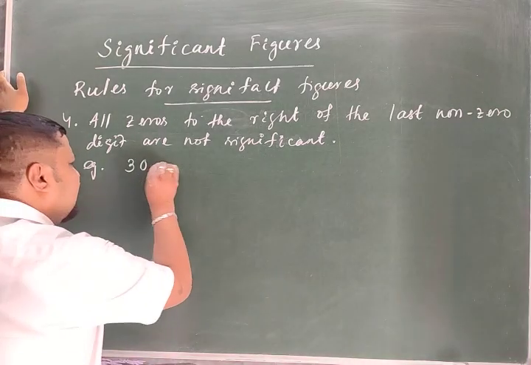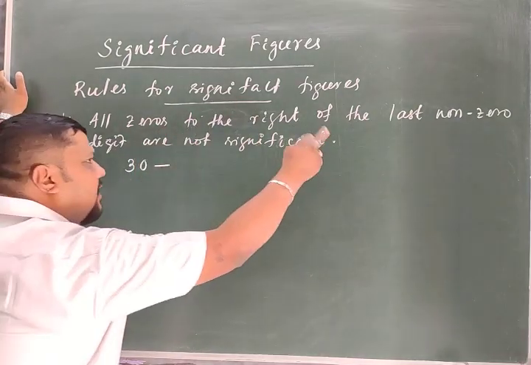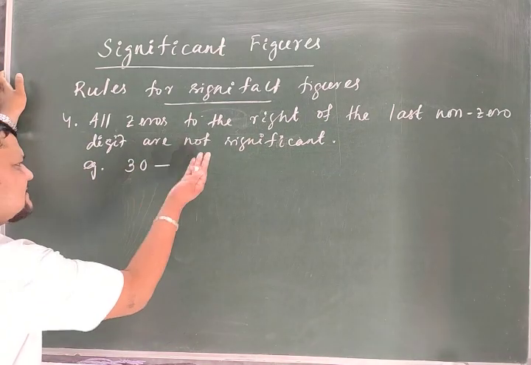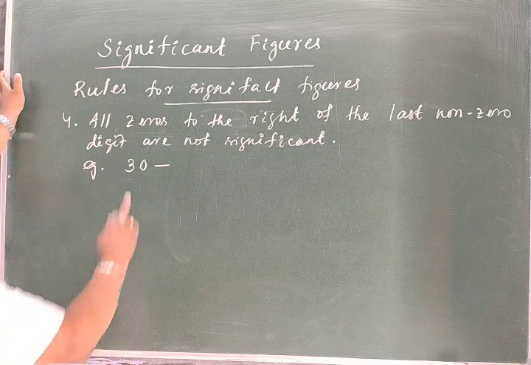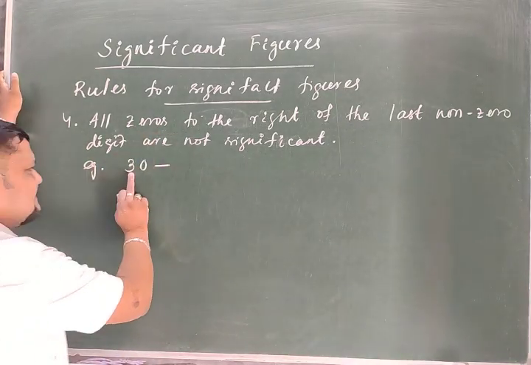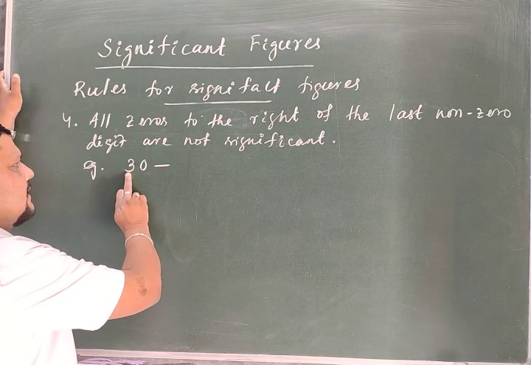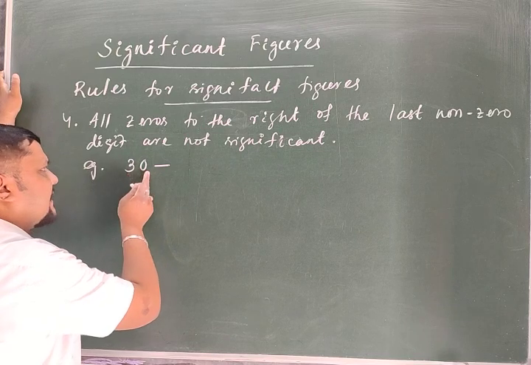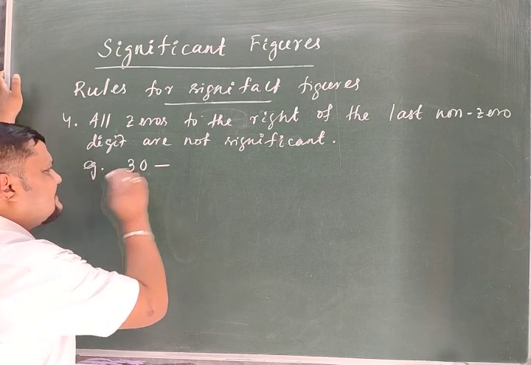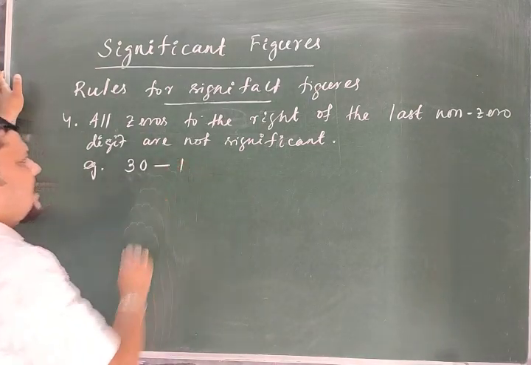Here we say that all zeros to the right of the last non-zero digit are not significant. After the 3 there is no non-zero digit, so this zero coming after the last non-zero digit is not significant. Here the significant figure is 1.